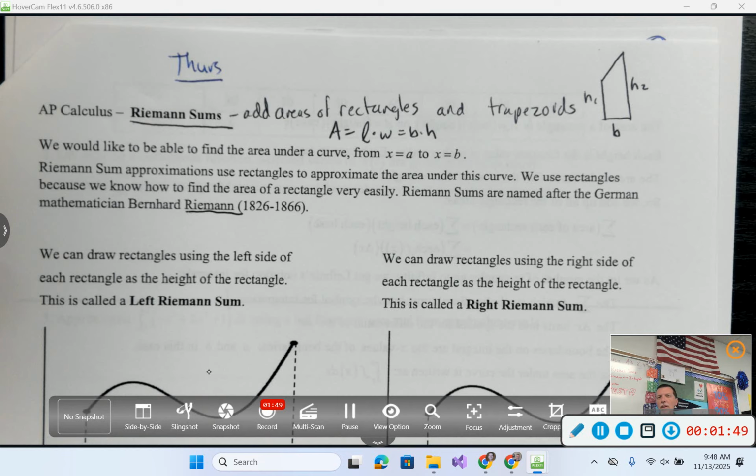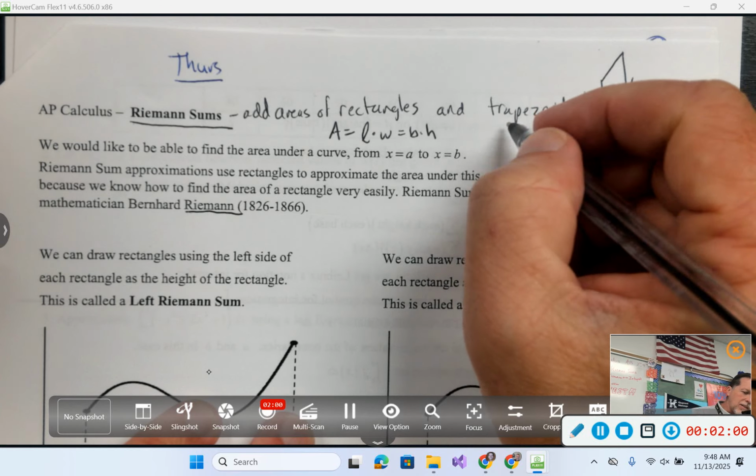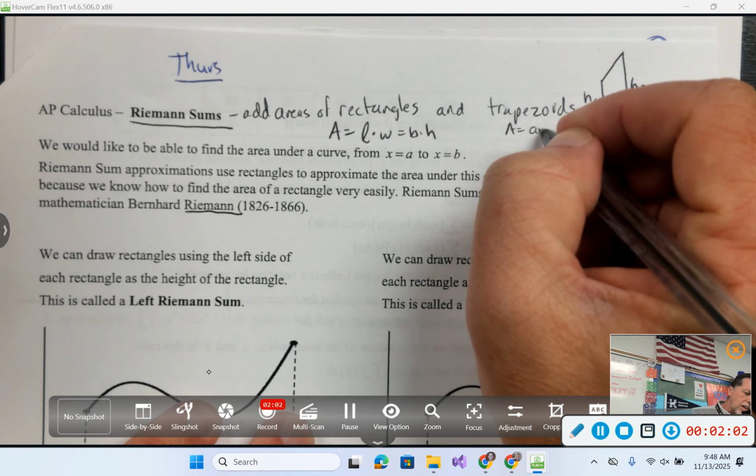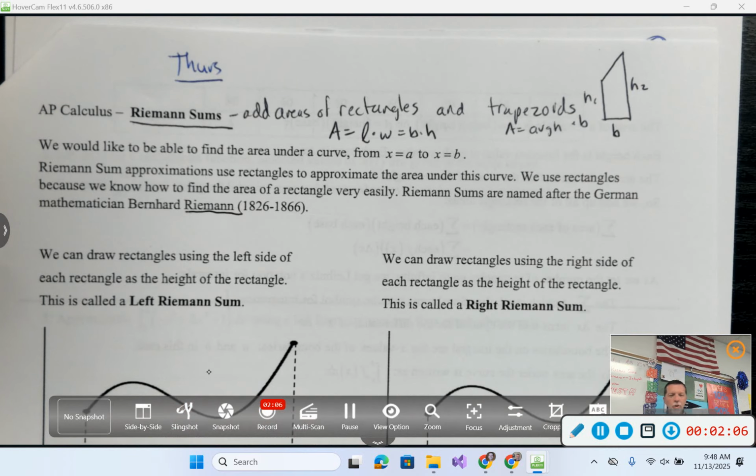There's a little bit easier way to kind of formalize that or say that. We can just do the average height times the base. So it's sort of like a rectangle, right? But instead of one height, there's two heights.